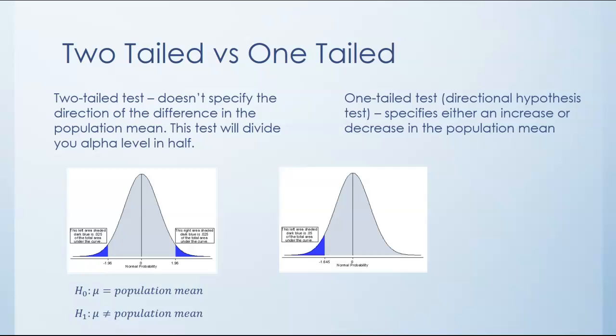So when we do our null hypothesis and our alternative, our null hypothesis now is that our mu can be greater than or equal to the population mean, because we don't care if it goes above, we're only talking about going below. So our alternative actually ends up being that it's less than our population mean.